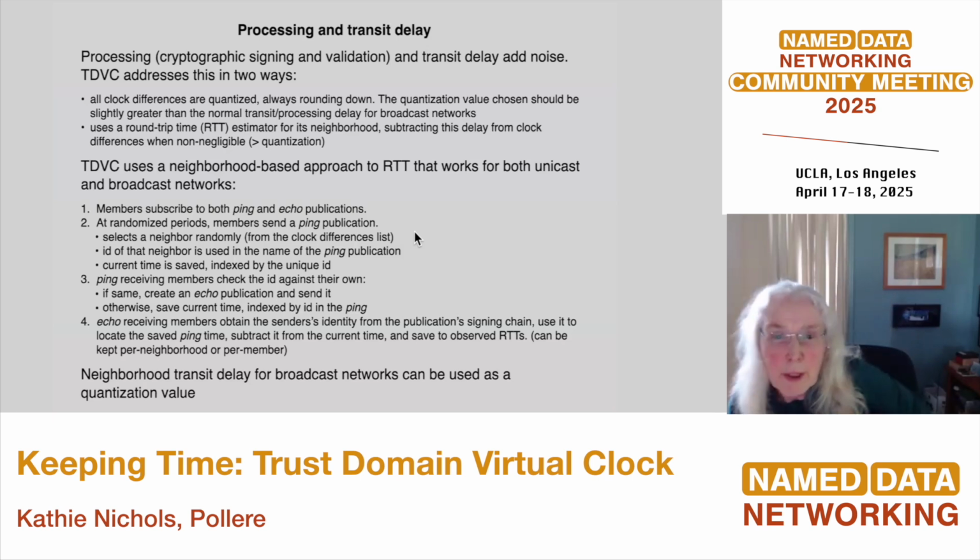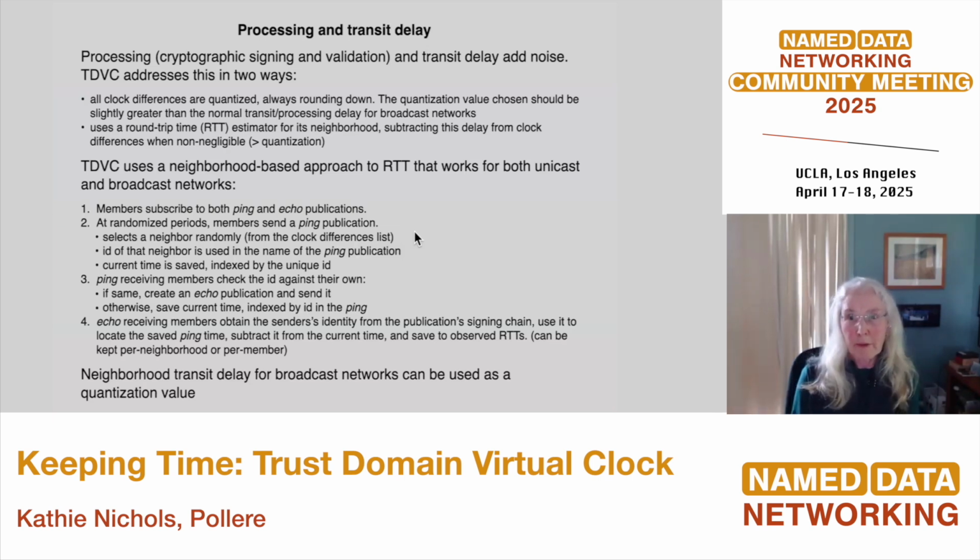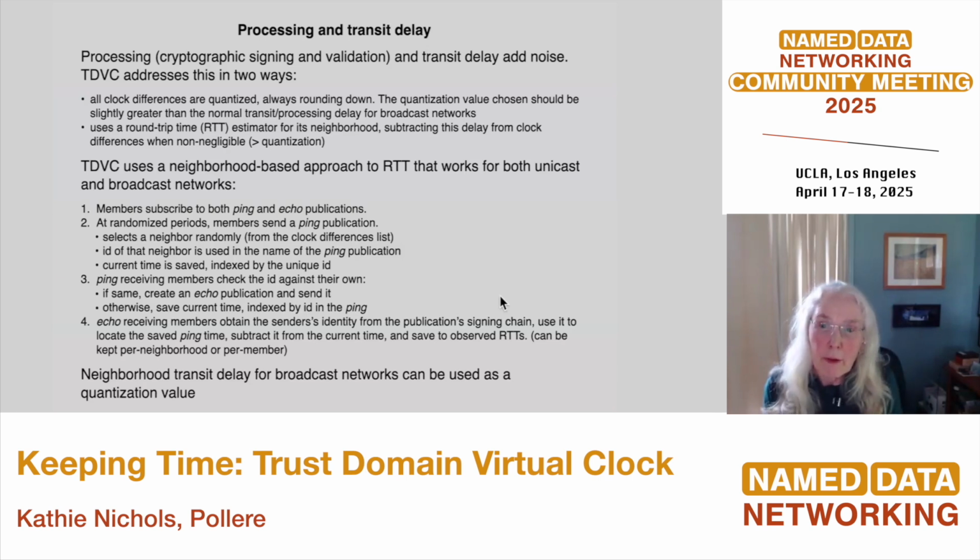So there are two ways we can do it. We can just guess and set that normal transit and processing delay, or we can use our round trip time estimator to come up with a quantization. And if it's a larger value, like maybe across a TCP link, then we can just subtract it from the clock differences. And this is how we do the RTT.